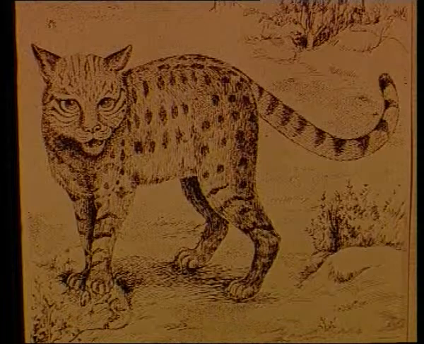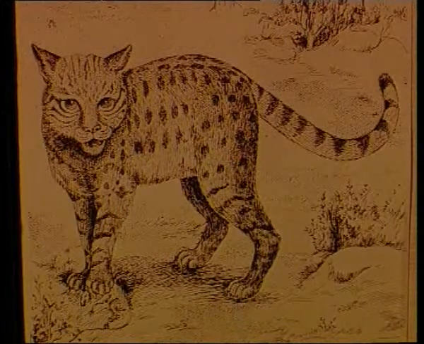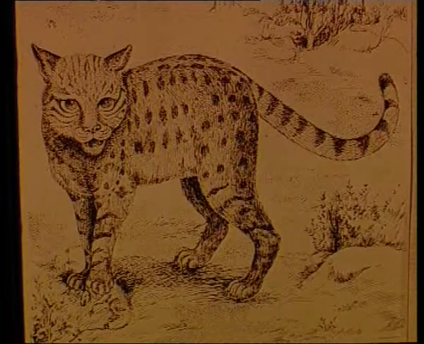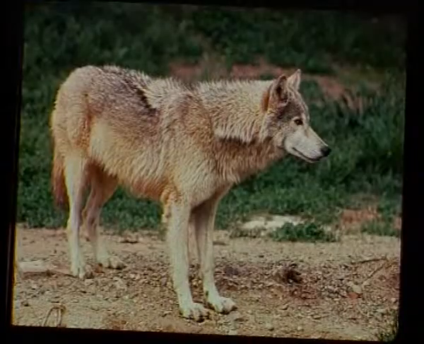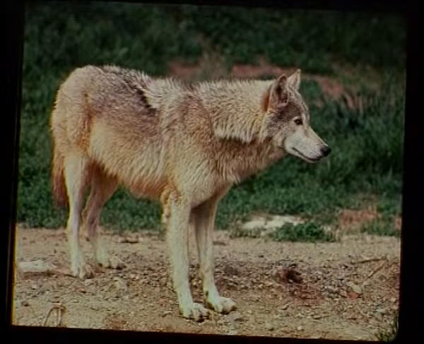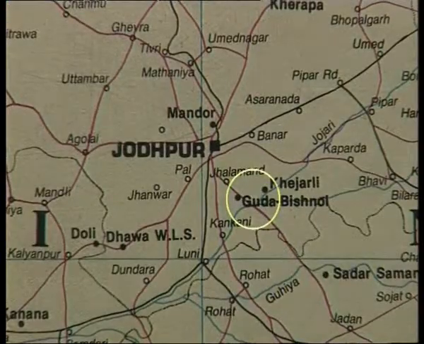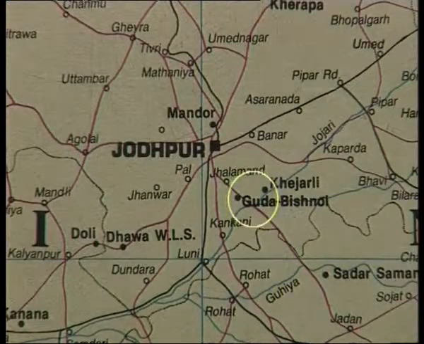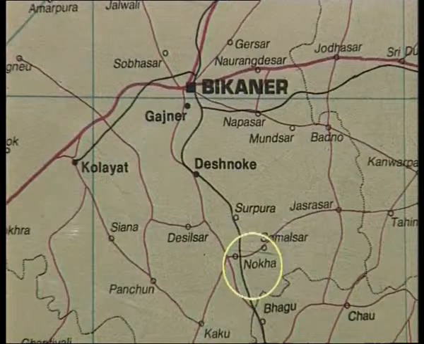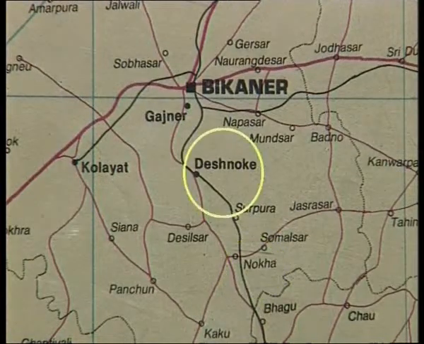They may be there, but their populations have declined immensely. The wolf is totally lost. The caracal is not found. When I was young, I have seen it near Gudha, near Nokha and Bikaner, Deshnok region.